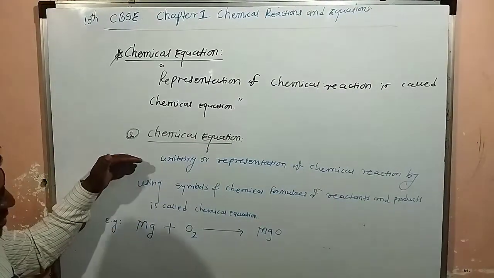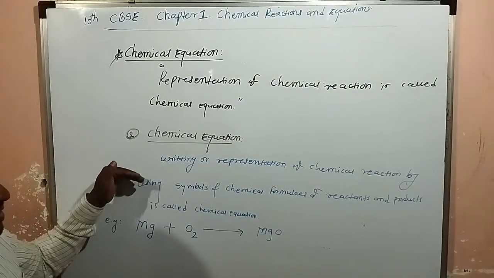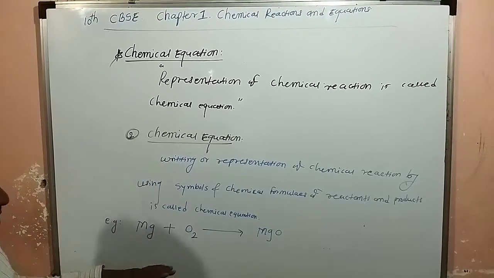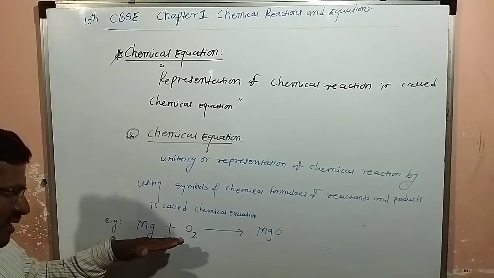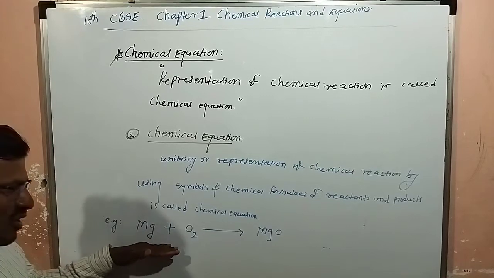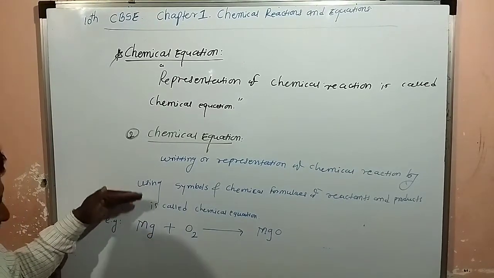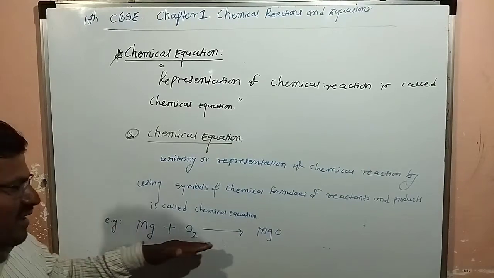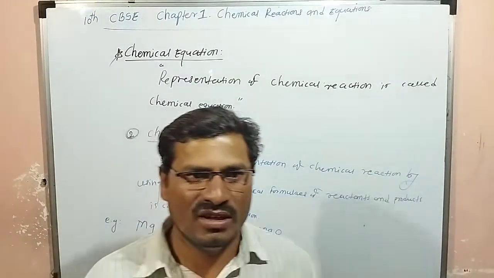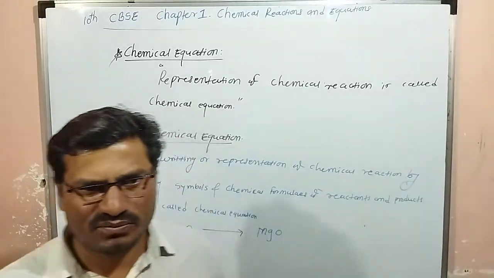So do you understand? First one is the word equation, now the second one is the chemical equation, and for that we have written the chemical reaction in the short form or in the shortest way by using symbols and chemical formulae. This one is the chemical equation.